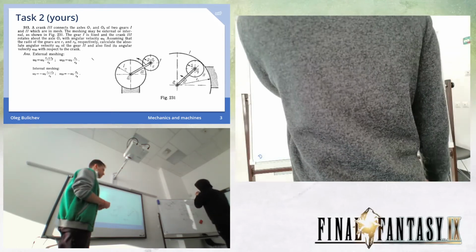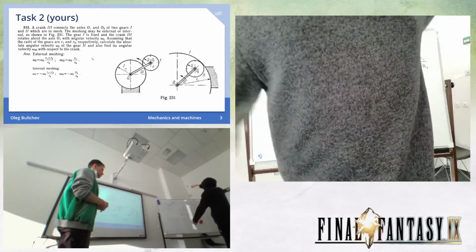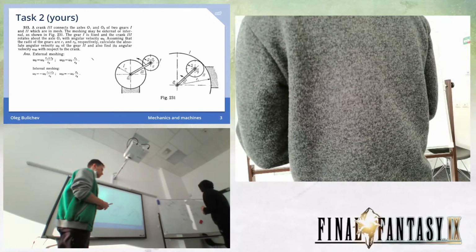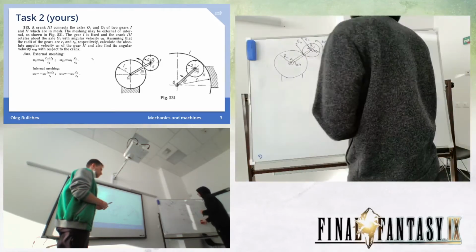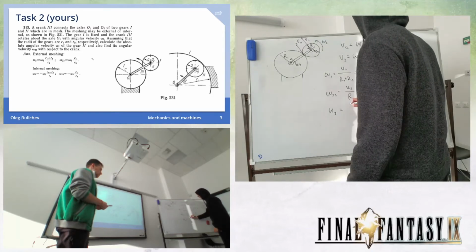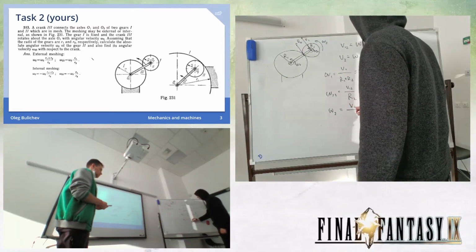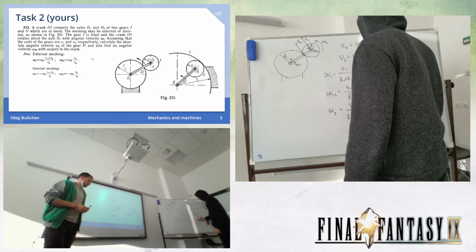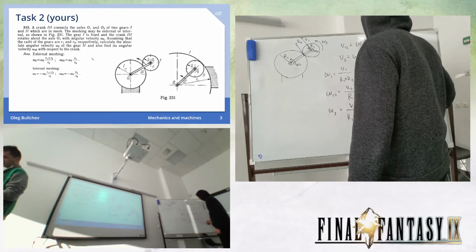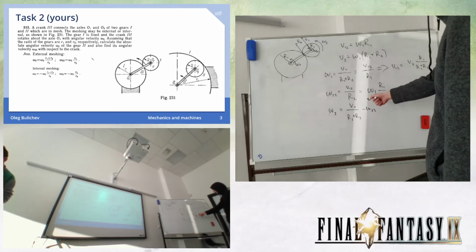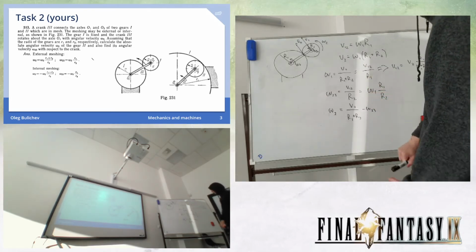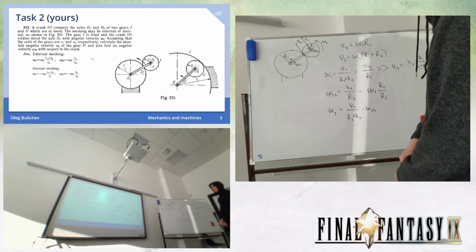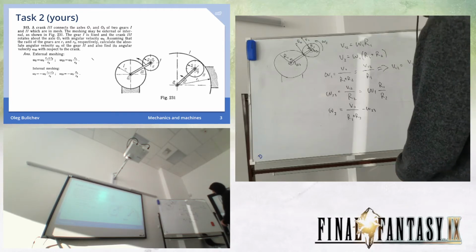So V2 is, we have V2 free, and V2 is, I guess, V2 divided by R1 plus R2 minus V2 free, right? V2 divided by 1 plus R2 is V1. Yeah.